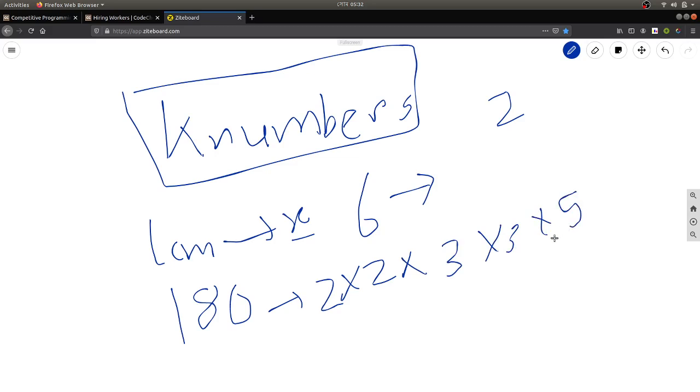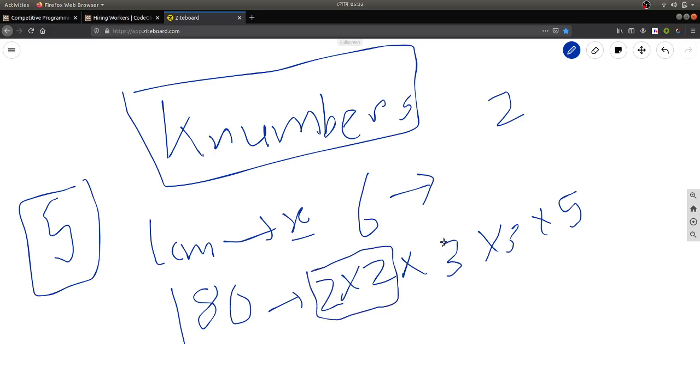Now suppose k is given as 5, and I have to choose 5 numbers so that their LCM is 180. What you can do is take these two 2's together, these two 3's together, and this one 5. Now it becomes 4, 9 and 5.